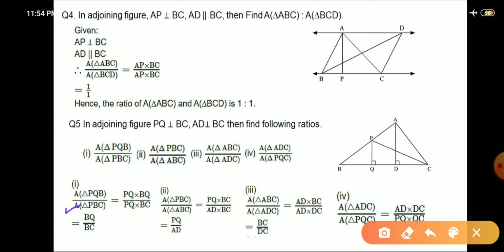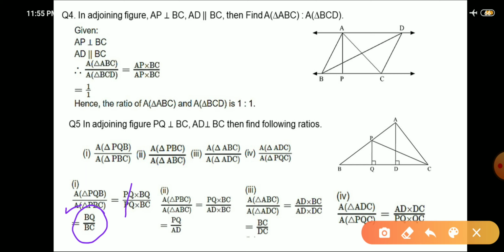Here area of triangle PQB upon area of triangle PBC is equal to PQ, which is the height of triangle PQB, into BQ, upon PQ, which is the height of triangle PBC, into BC. And here PQ gets cancelled, and finally we get the result BQ upon BC. Therefore the ratio of the areas of triangle PQB upon PBC is equal to BQ upon BC.